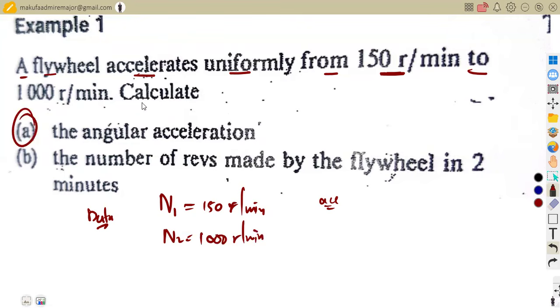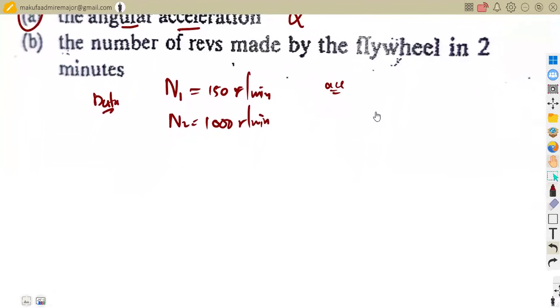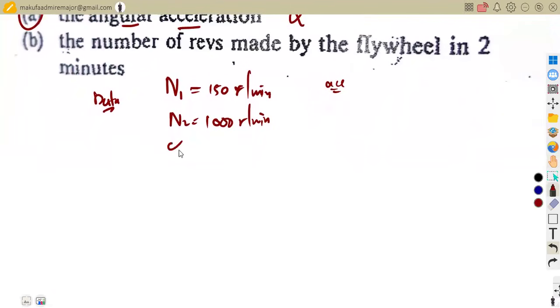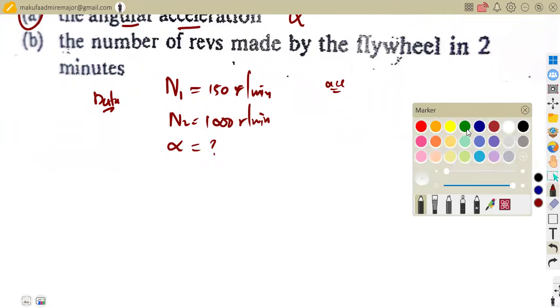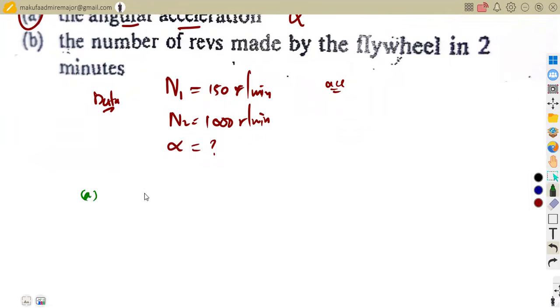The question is to calculate the angular acceleration, which is alpha. Remember, if you check the formulas that I listed, the angular acceleration is omega 2 minus omega 1 over the time, the change in angular velocity over the time.